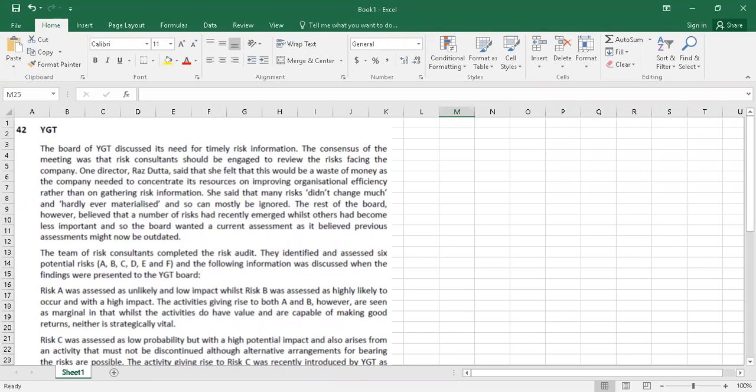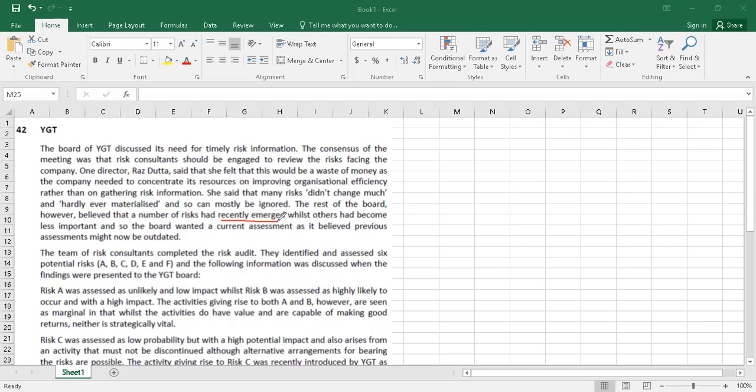The rest of the board, however, believed that a number of risks had recently emerged, while others had become less important, and so the board wanted a current assessment as it believed the previous assessment might now be outdated. So there is a difference of opinion: one director, Raj Datta, versus the remaining board of directors.